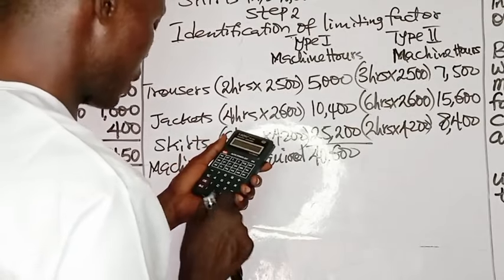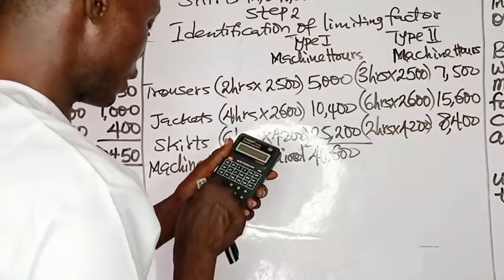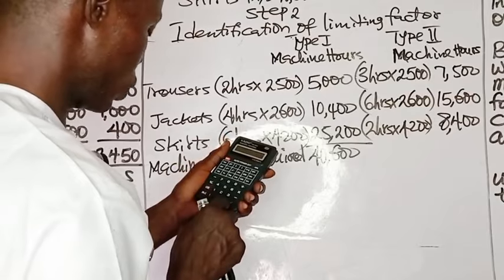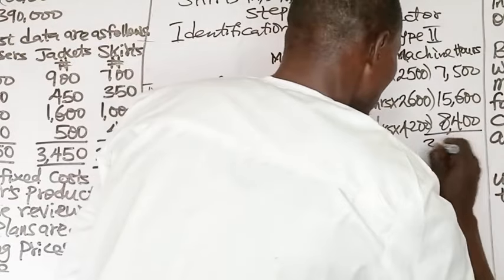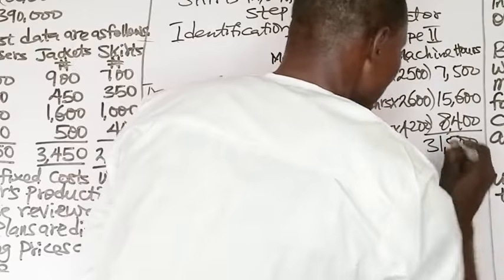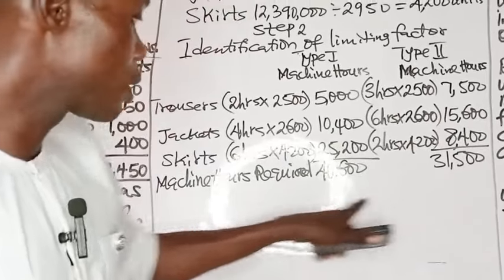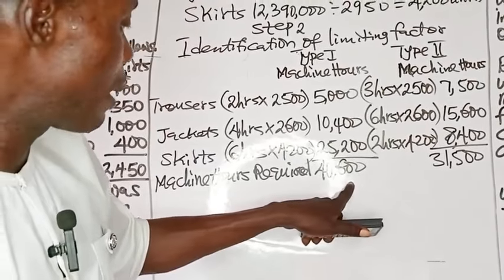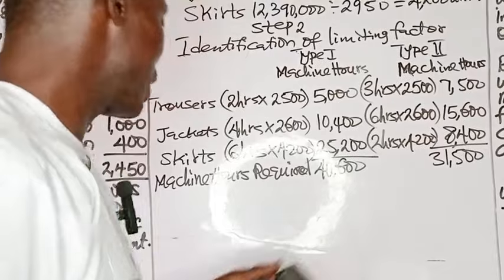So 15,600 plus 8,400 plus 7,500. So we have 31,500. The number of type 2 machine hours required is 31,500, while 40,600 type 1 machine hours will be required as well.